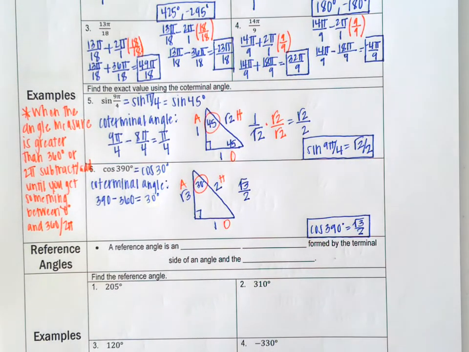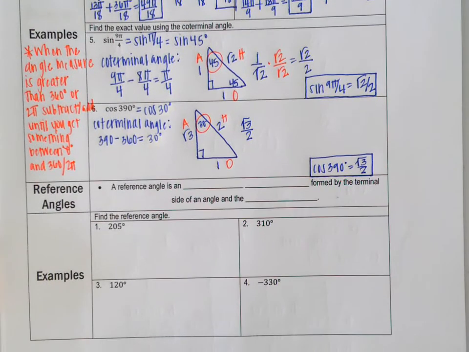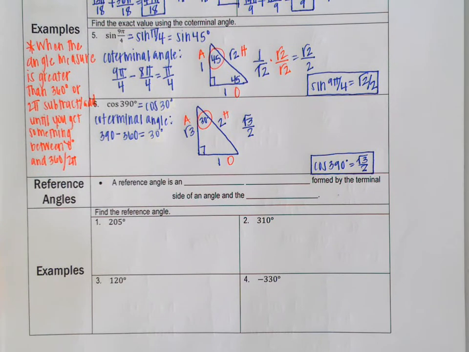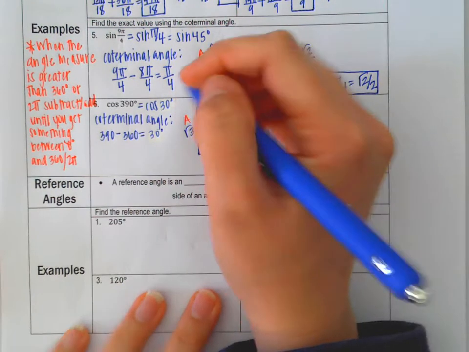Hot diggity dog. Almost through with this one. Okay, so we talked about coterminal angles. Coterminal angles are basically when you're adding or subtracting 360. A reference angle is very different. A reference angle is an acute angle.